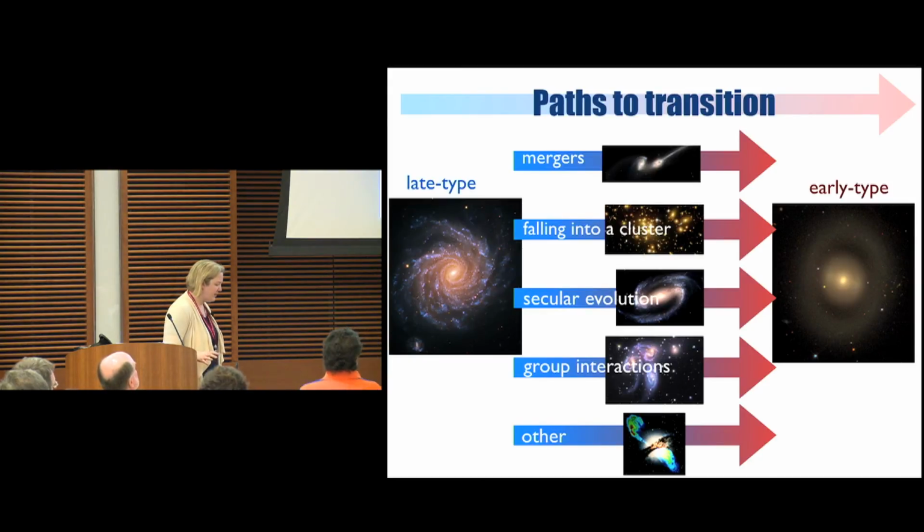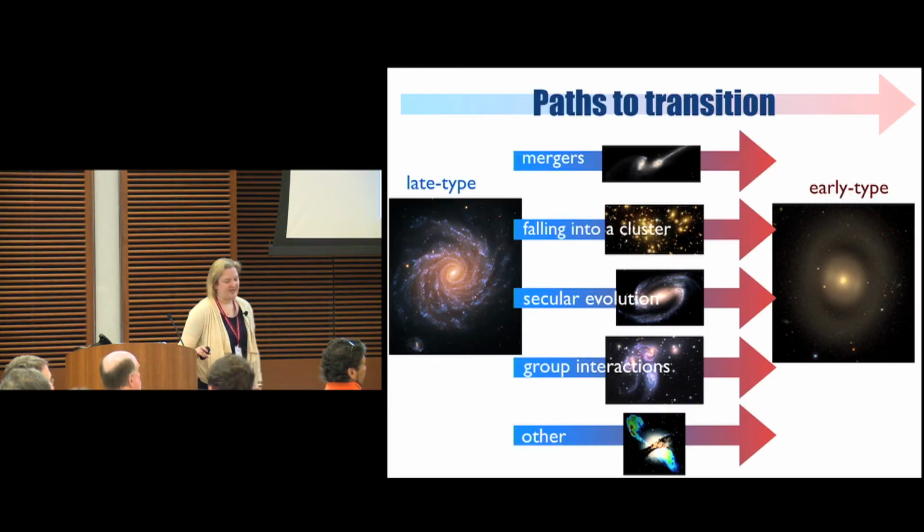So what I have here is a complete list, mostly because of this category, of ways that galaxies can transition between blue and red. So mergers have been studied quite well. Falling into a cluster is actually an extremely good way to do it because you can strangle and choke off the gas supply.